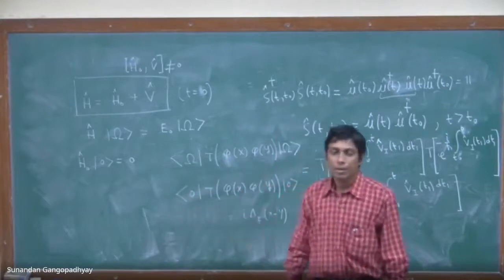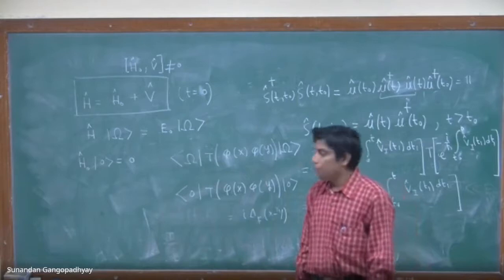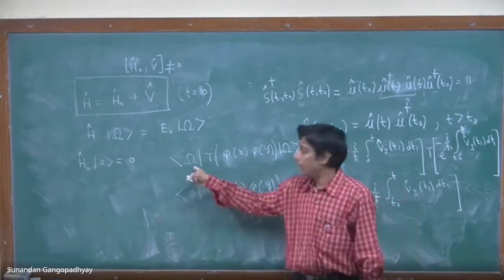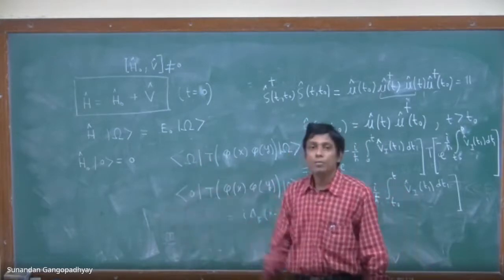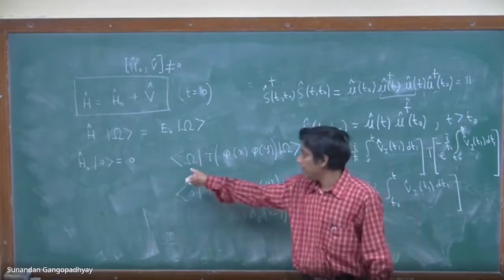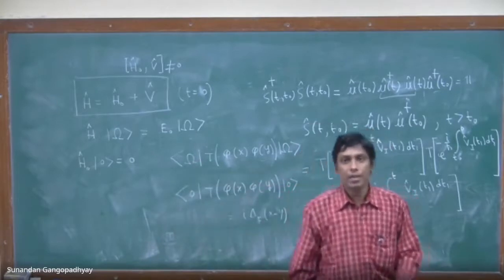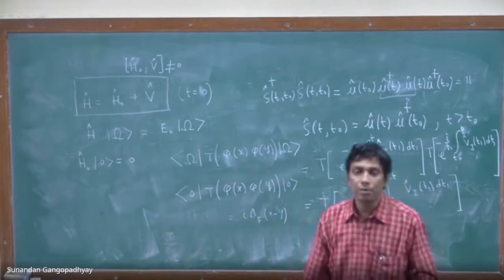But now we want to find the same quantity, not in the vacuum of the free field Hamiltonian, but rather in the vacuum of the interacting Hamiltonian, the full interacting theory.